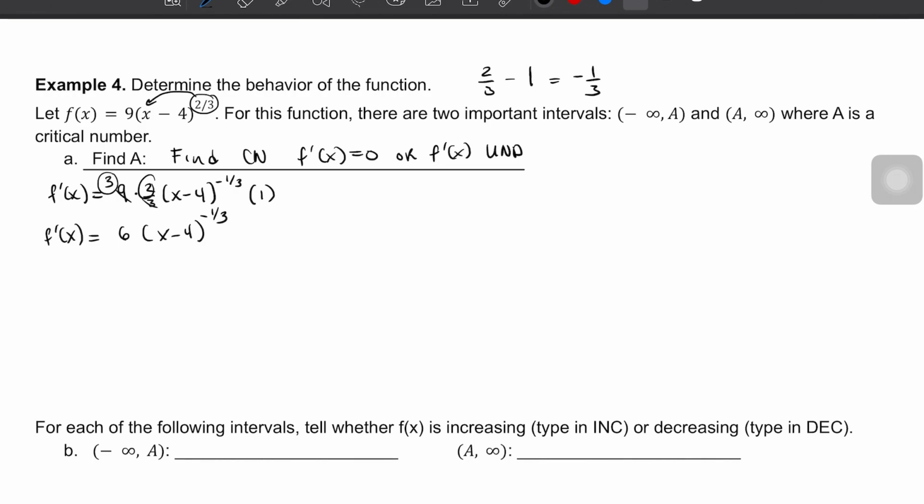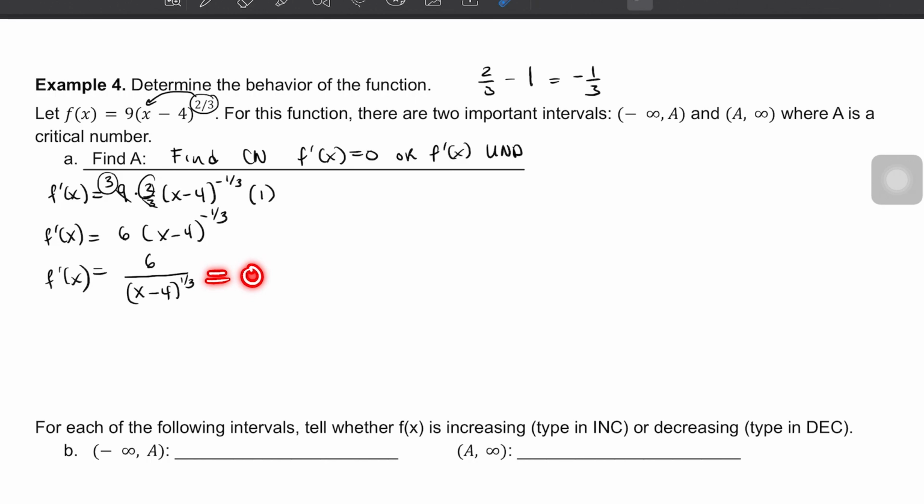Since we're going to find the critical numbers, let's go ahead and set it up into a fraction. So we're going to move this to the denominator. So we're going to have 6 over x minus 4 to the 1/3. This is your derivative. And since we're looking for the critical numbers, we're going to start by looking for whenever this is equal to 0.